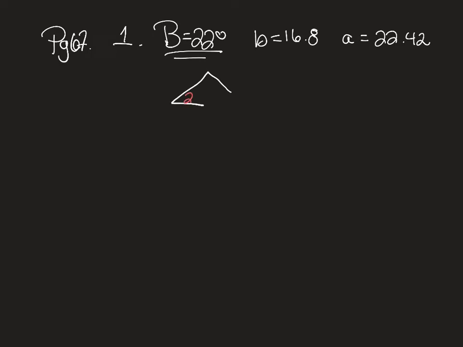We know in here that this is 22 degrees, that's my B, which means across from it is 16.8. So this was big B, this is little b, which means A goes over here, 22.42. So, number 1, angle is blank, it's acute.